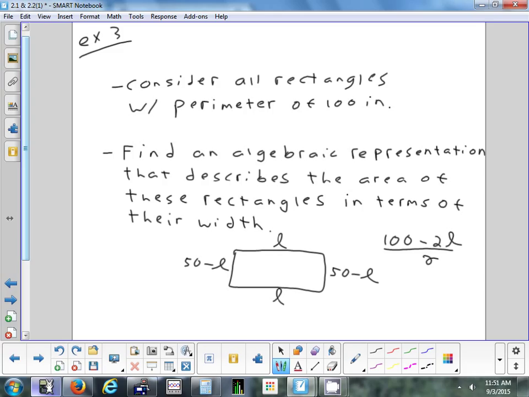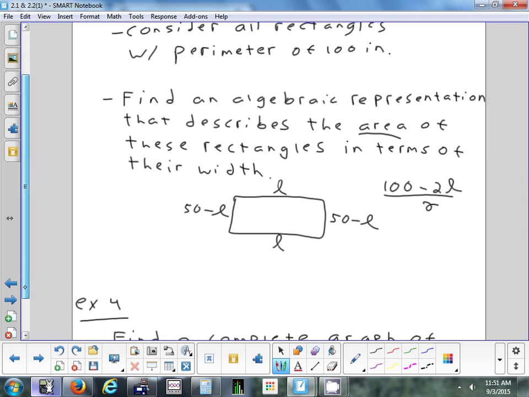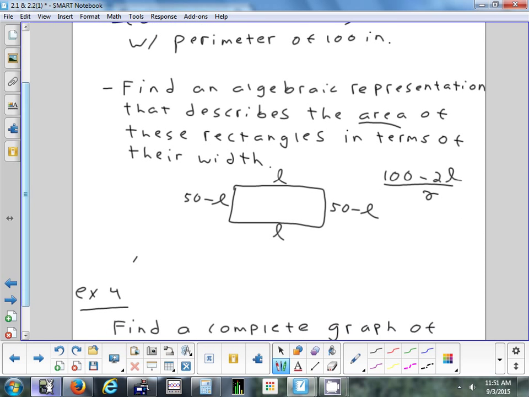Okay, and now we're trying to find an area. So what do you do with length and width to find an area in a rectangle? Length times width. So in this case, our area as a function of the length is going to be L times 50 minus L. And what kind of equation would that be if you distribute it out?